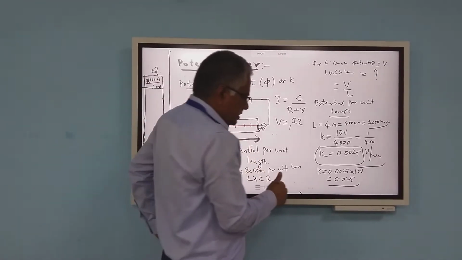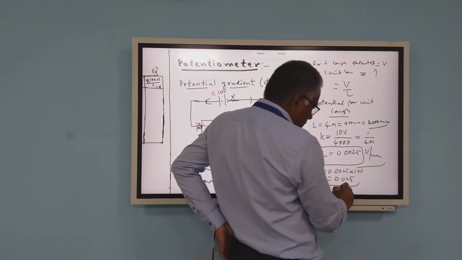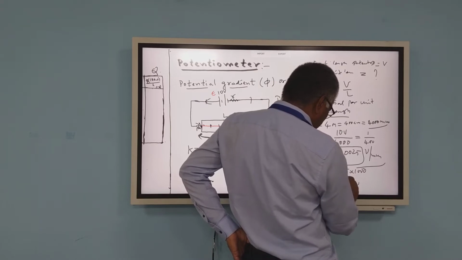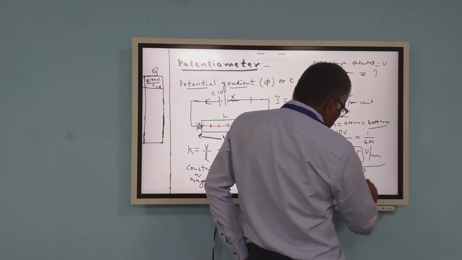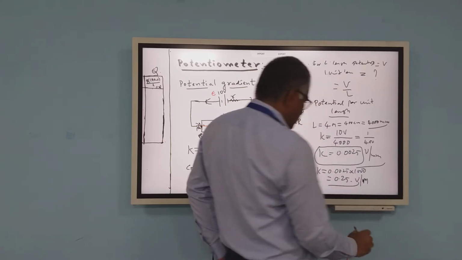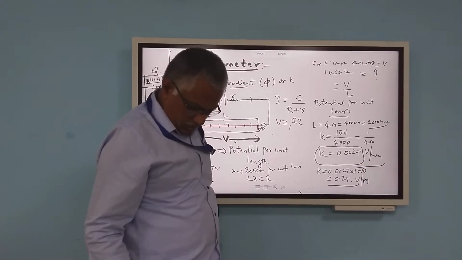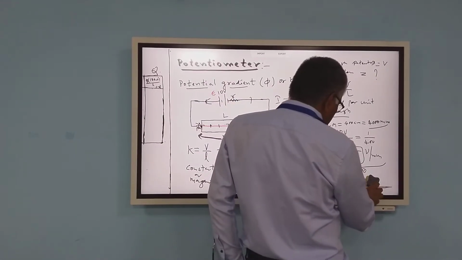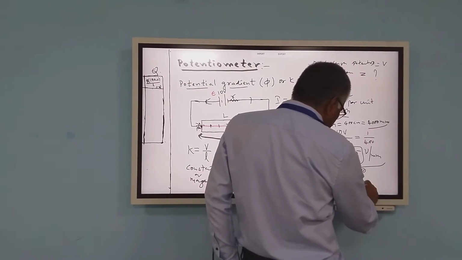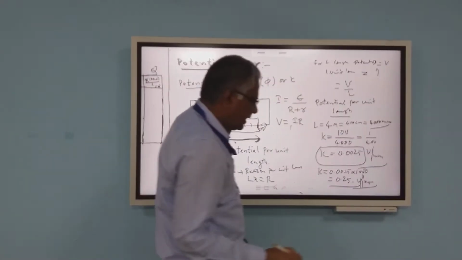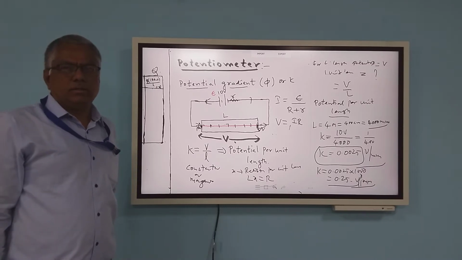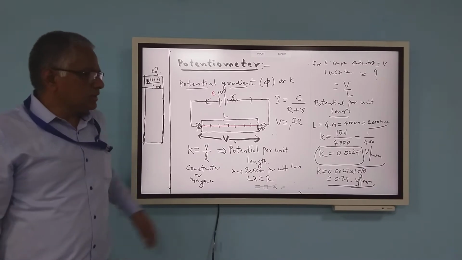This is volts per millimeter. 100 centimeters is 1000 millimeters.